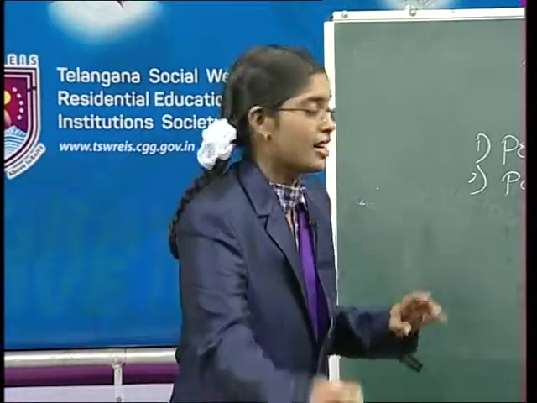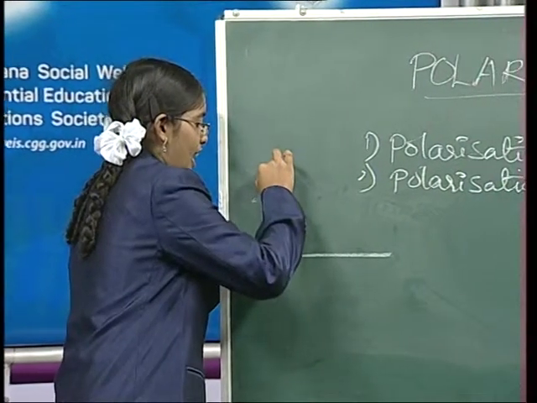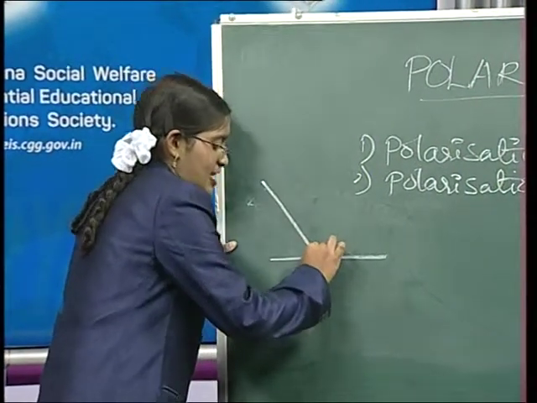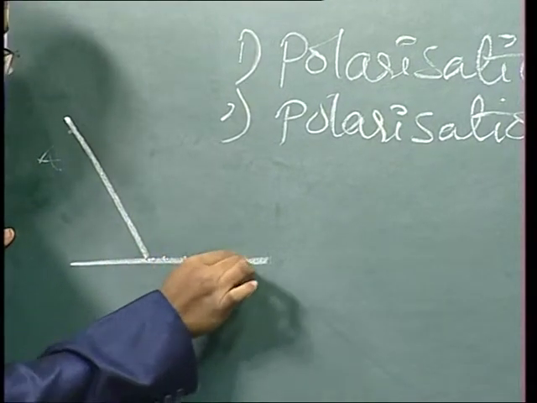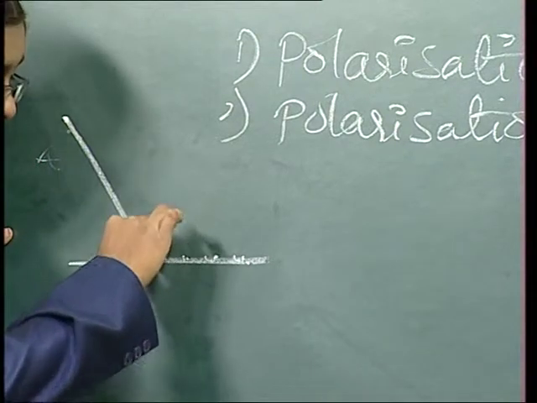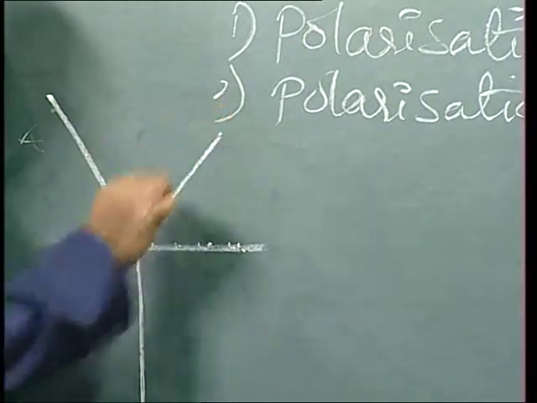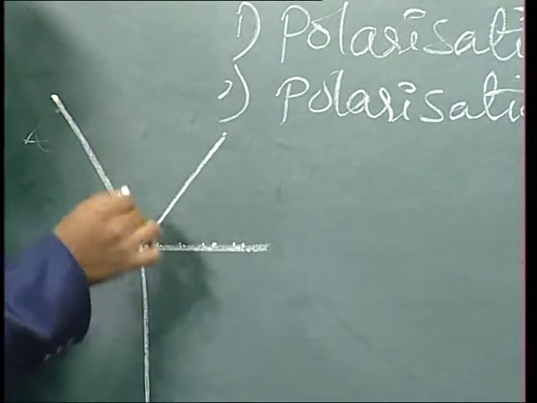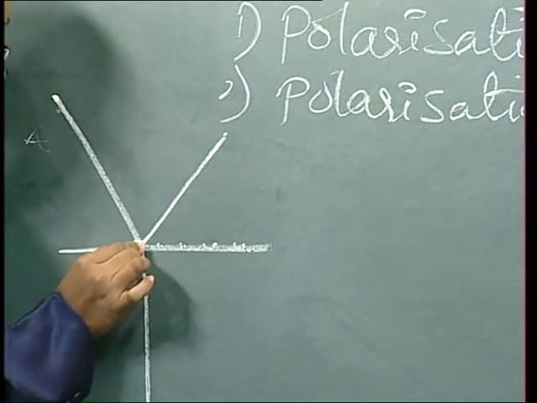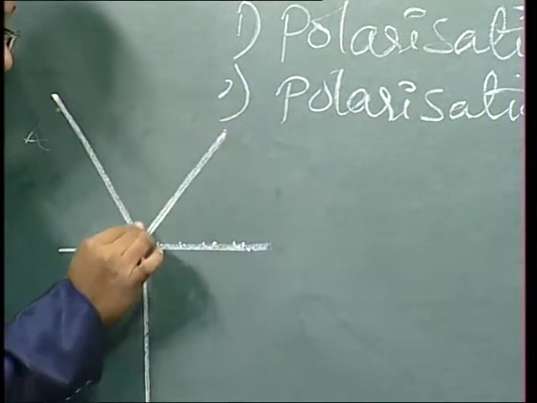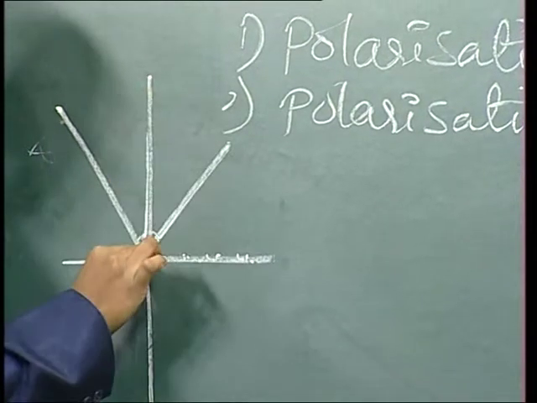It means, see, if this is the surface of the water, the light ray which is coming from the sun touches this surface. As the molecules here are oscillating, half the ray is absorbed and half the ray is emitted by these molecules. It means this light ray is reflected in this phenomenon with an angle. This is the normal.